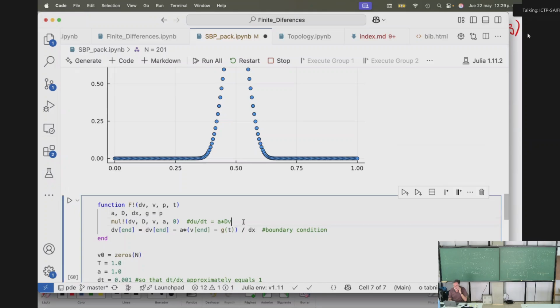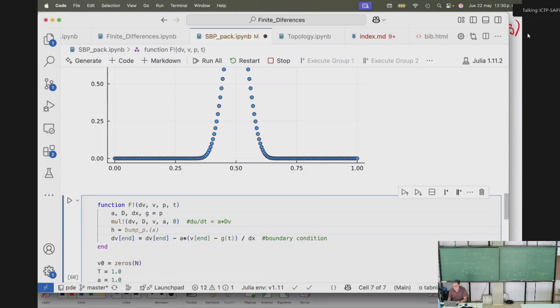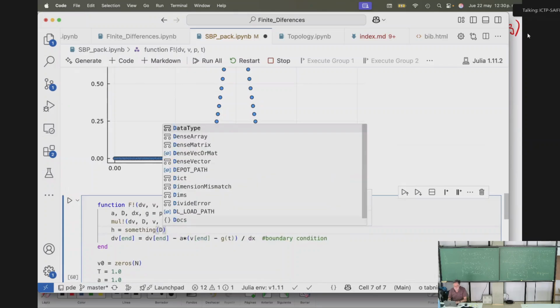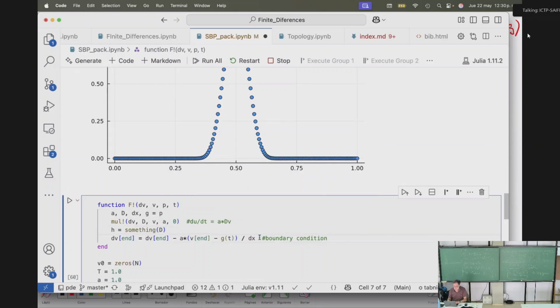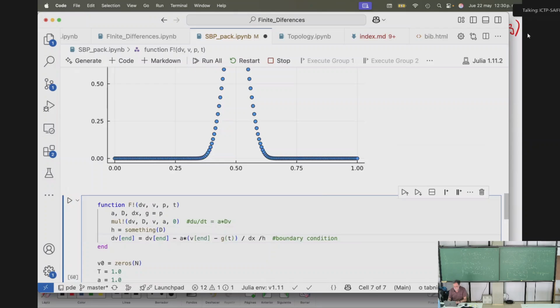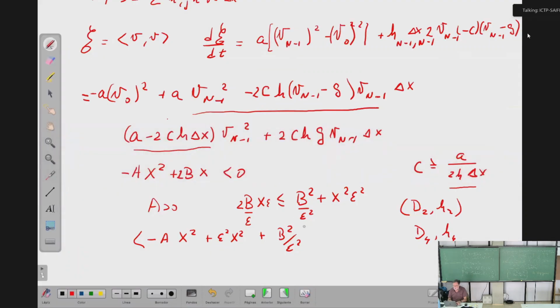You can define h equal to something that depends on d, and use here divided by h and divided by 2, because this 2 is the one that we had here.